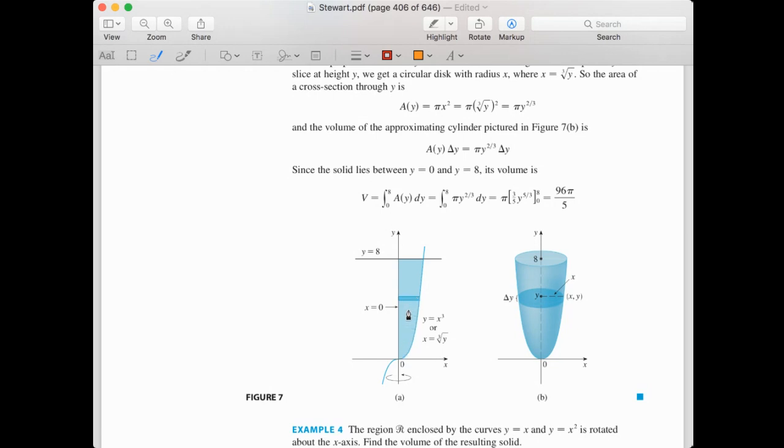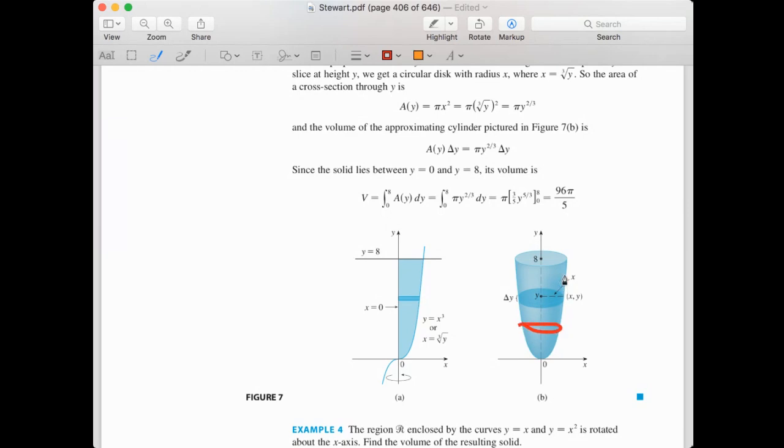Now we rotate along the y-axis, right? But later on we can rotate by the x-axis. So we rotate by the y-axis. Then we get this 3D object. Let's find the volume of this. So we see we would cut horizontally.